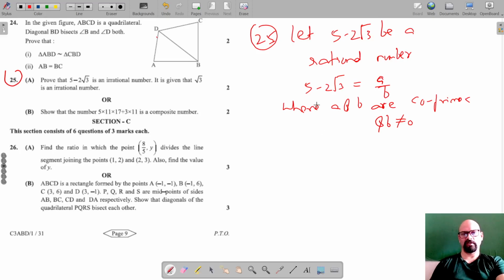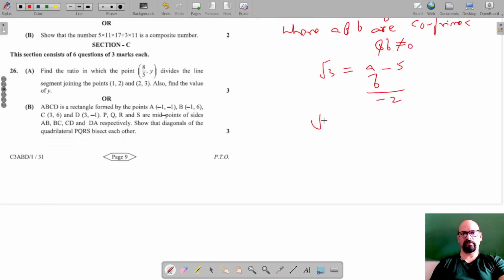So if I try to simplify this, I can write it as root 3 is equal to A upon B minus 5, divided by minus 2.